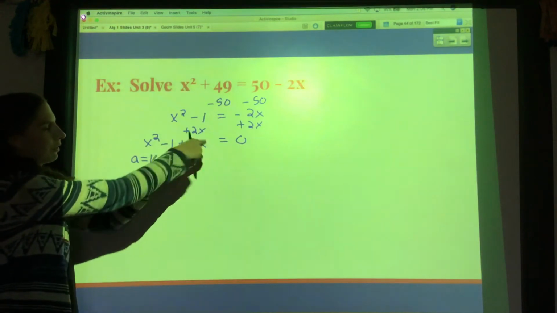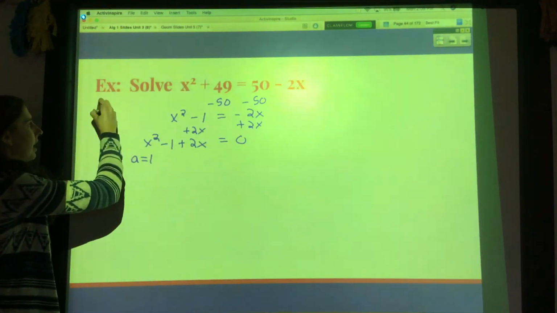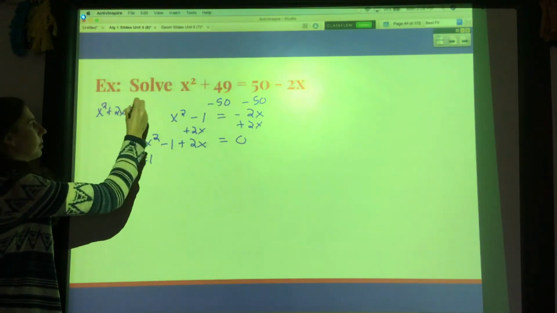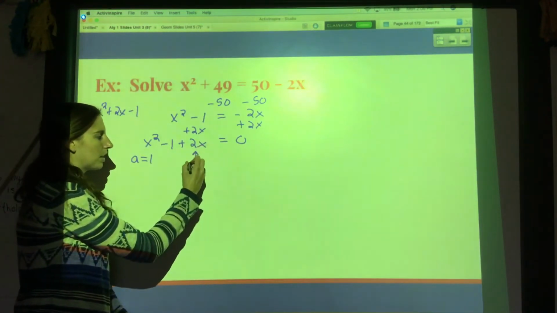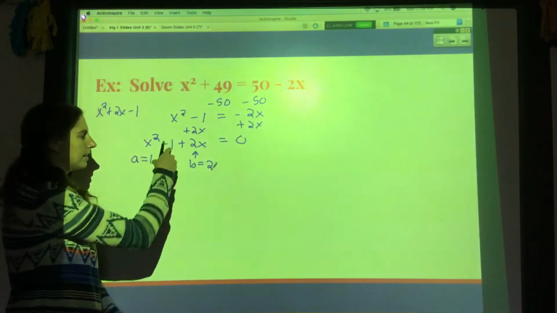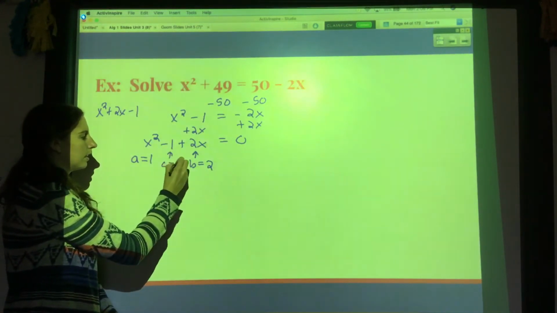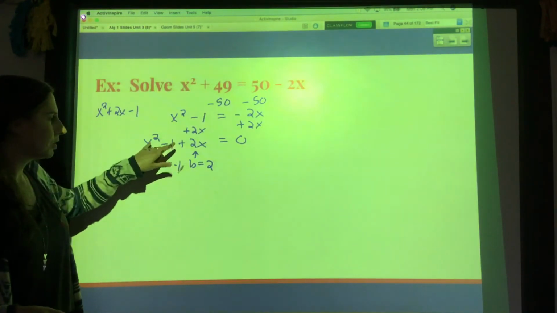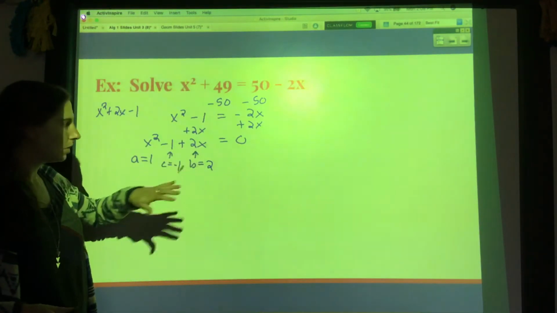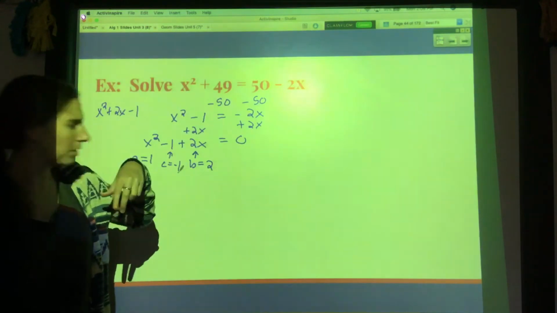Really, I should have rearranged those. I should have written x squared plus 2x minus 1. Because this is B, it's in front of the x, and this is C. Also, keep in mind, A, B, and C are just the numbers, the coefficients in front of the variables. They don't include any x's themselves.